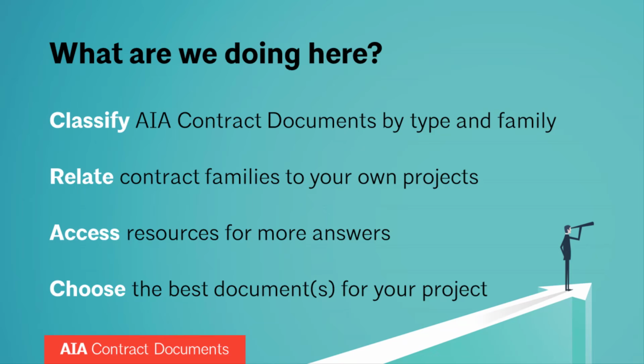We're also going to show you how to access available resources for more information beyond what we get the chance to cover today because we only have an hour. Ultimately, our goal is to help you choose which of our documents is best for your project and your needs in the moment that you go to choose a contract document.